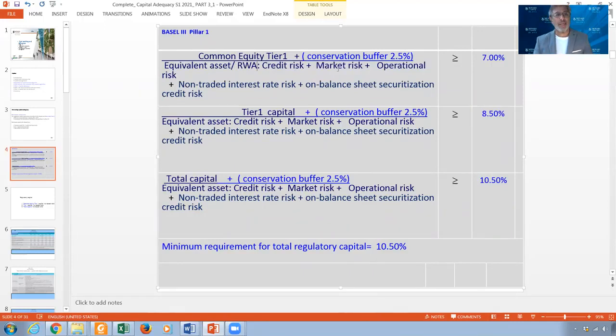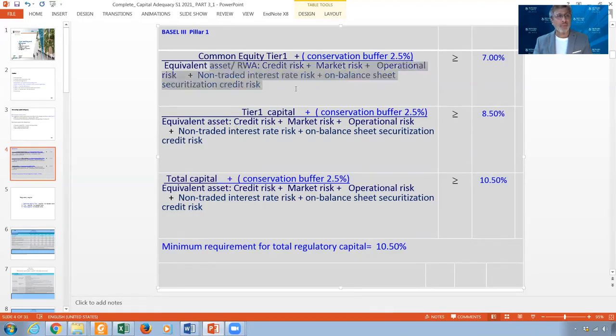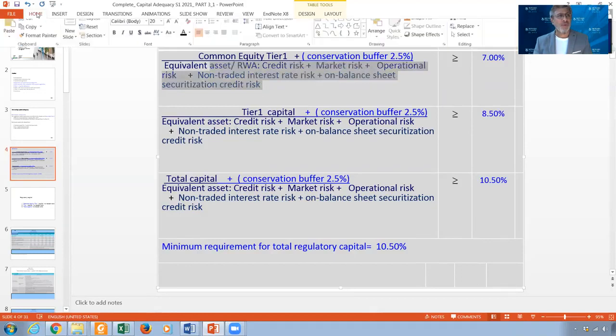For credit risk, market risk, operational risk, securitization, and non-traded interest rate risk in the banking book, all of those risk-weighted assets are the ones we need to calculate. The denominator is the same for all of those.